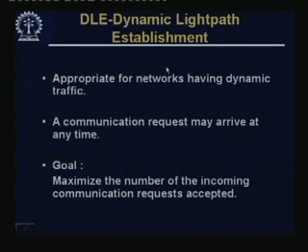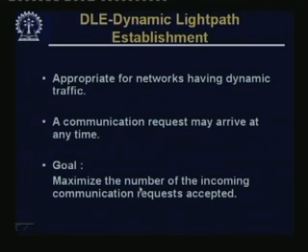Dynamic light path establishment, on the other hand, is appropriate for networks having dynamic traffic, where the traffic pattern changes very dynamically. A communication request may arrive at any time. The goal is to maximize the number of incoming communication requests accepted.